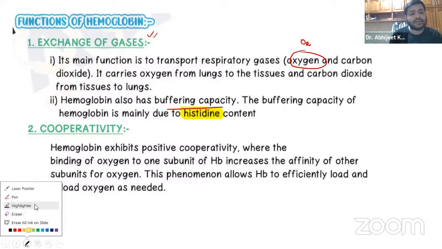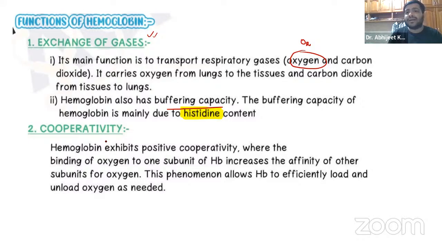It is cooperativity, right? Remember, if we talk about cooperativity, hemoglobin exhibits positive cooperativity. Why? See, hemoglobin has four subunits, two alpha, two beta, if we talk about the adult hemoglobin.